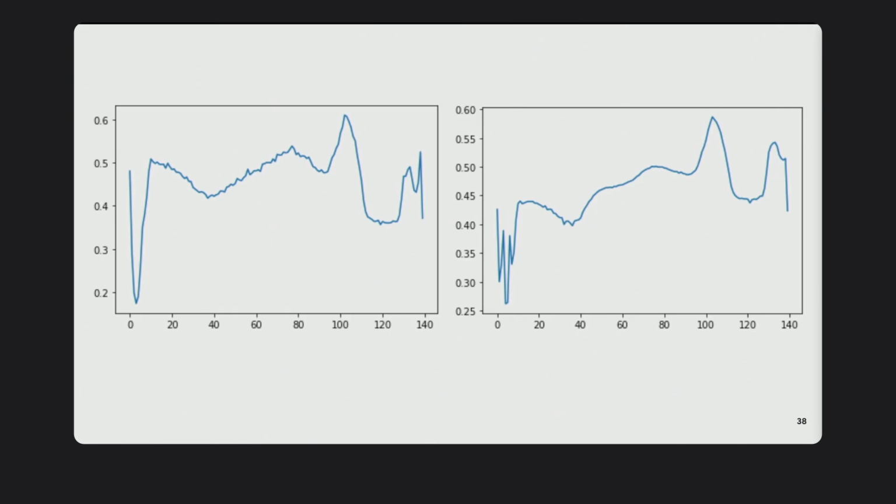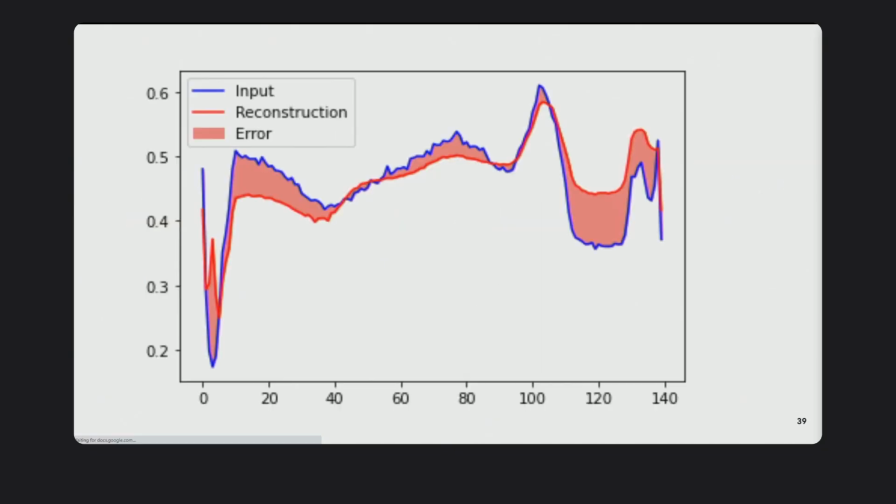And we can see that other than the strange few peaks on the left of the reconstructed image and the missing dip on the right, as well as the slightly smoother curve, it has the same general shape as the original ECG. As a result, it's going to be relatively low loss when we measure the loss on this, and we know that it's not an anomalous ECG and it's a good ECG.